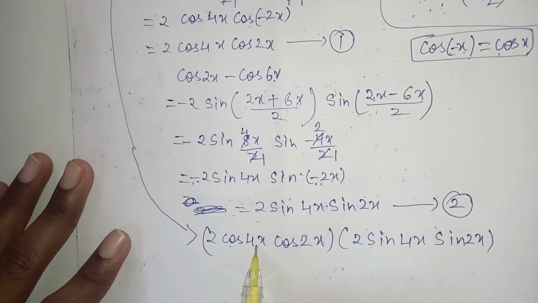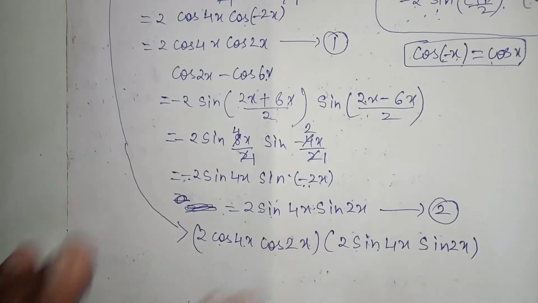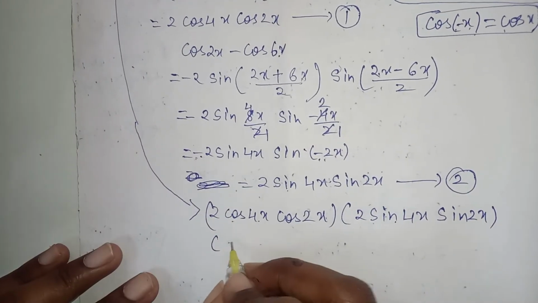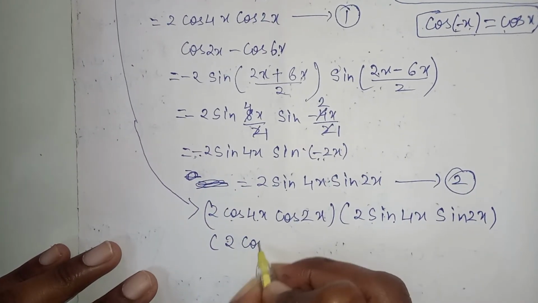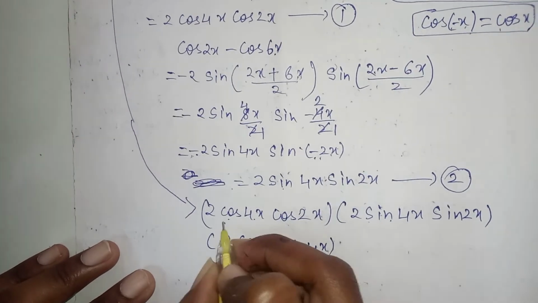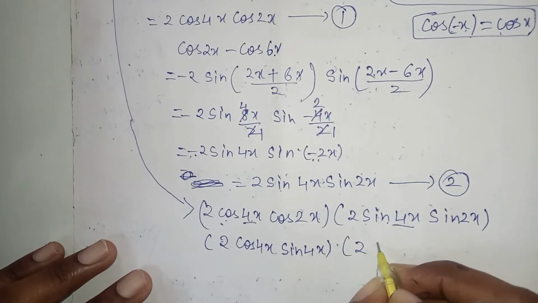So whatever the values are, cos 4x, sin 4x, 4x, 4x, 2x, 2x, let's keep them on one side, okay? Whenever you get like this, you have to do like that. So cos 4x, sin 4x. Don't see cos and sine, just see the values. Keep it aside.